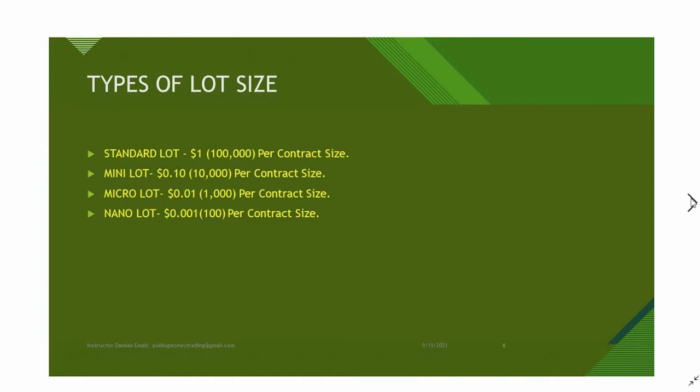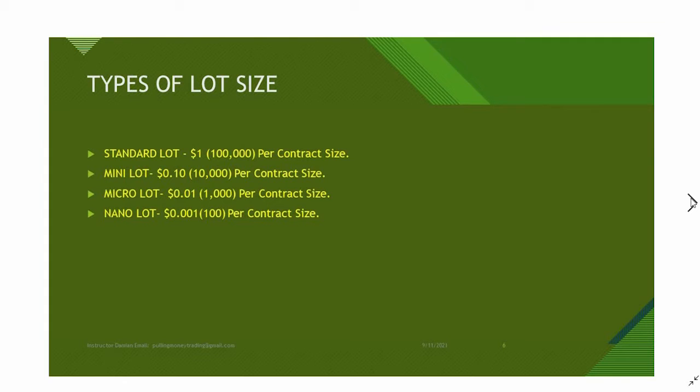Types of lot size. Standard lot, which is 100,000 per contract size, which is $1, right?